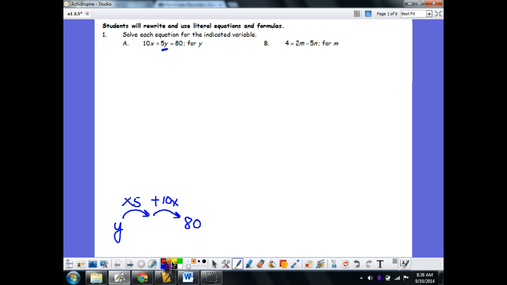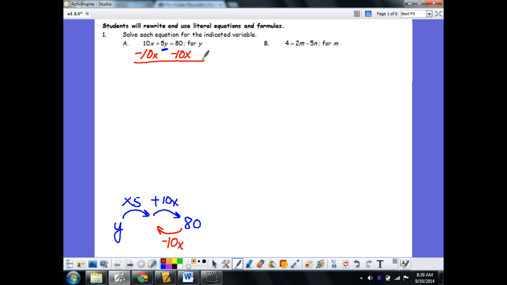So we're going to work backwards. This helps us in solving these literal equations especially. To undo the addition of 10x, we are going to subtract that 10x from both sides.